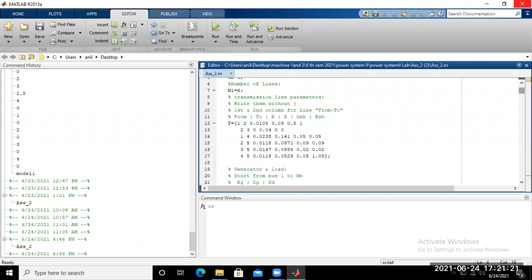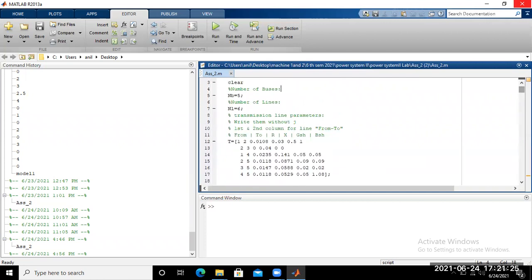Okay, so first we try to find out what is the order of the impedance matrix here. So how can we obtain it? We just consider the number of buses of the system. Okay, number of buses of this system is 5, so order of the matrix is also 5 into 5.